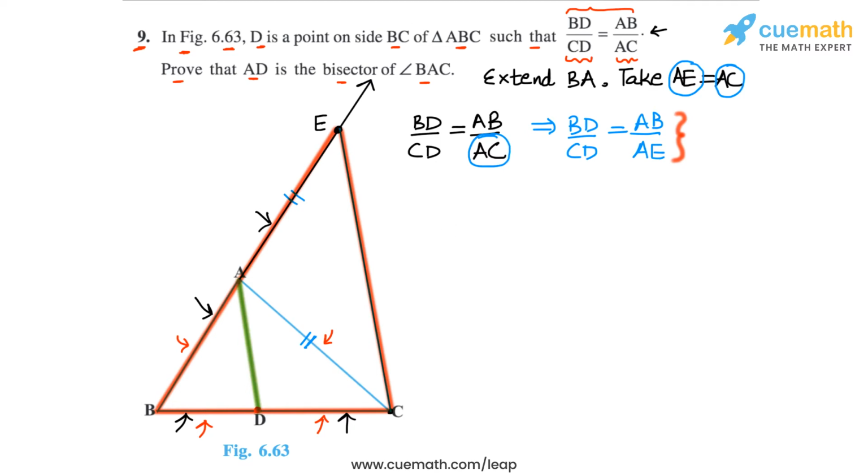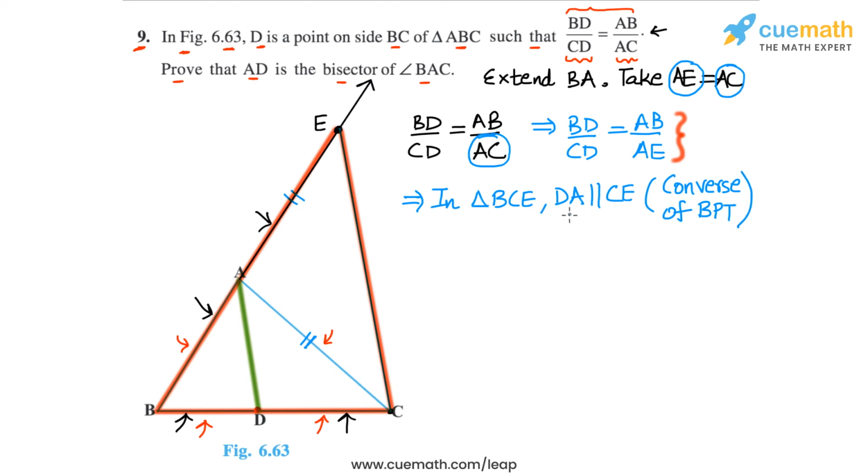And this is the converse of the basic proportionality theorem. When you have a segment that divides two sides in the same ratio, then that segment must be parallel to the third side. So from this equality, we can now conclude that in triangle BCE, DA must be parallel to CE. And this is because of the converse of the basic proportionality theorem.